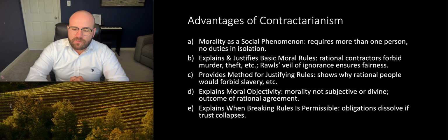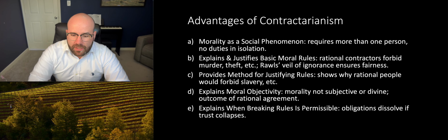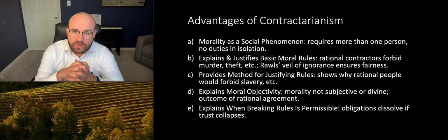And lastly, and this is, I think, really important, is that it explains when breaking rules is permissible, or civil disobedience, right? If we have agreed to a government and we have consented to have certain rules, but the government has broken that trust, then that's why now we can break the rules, right?